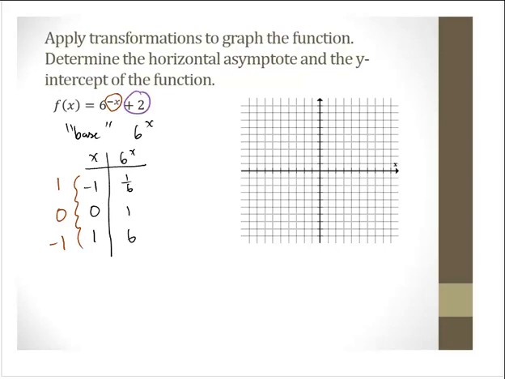So let's shift these up 2. So 2 and 1/6, 3, and 8. Where's my horizontal asymptote? The horizontal asymptote has been shifted up 2, so that would be at y equals 2.